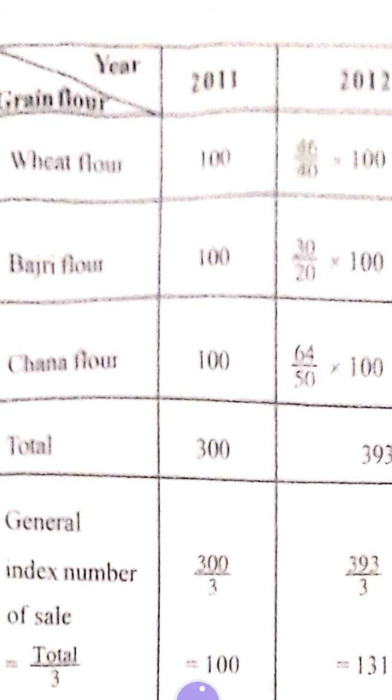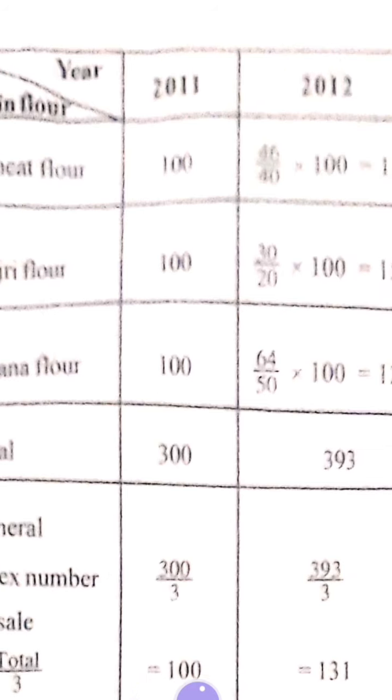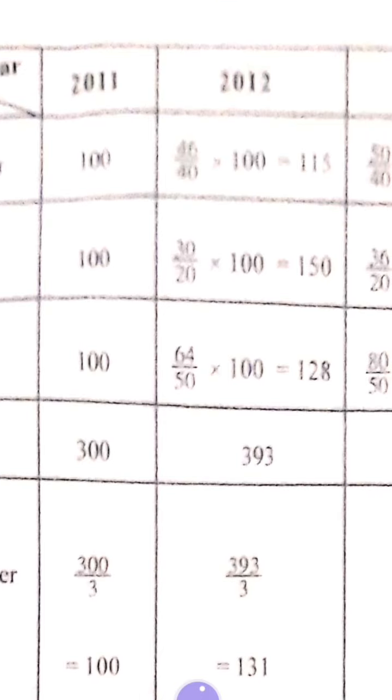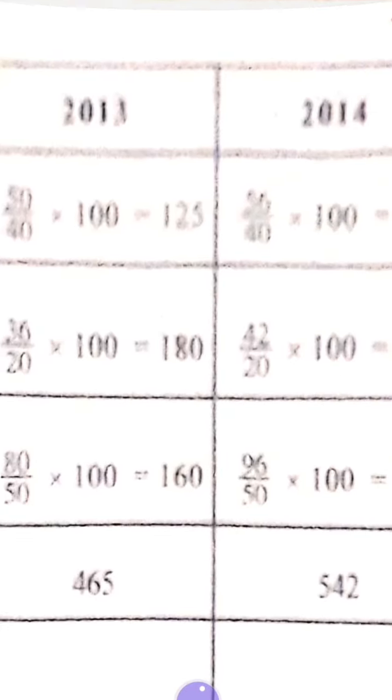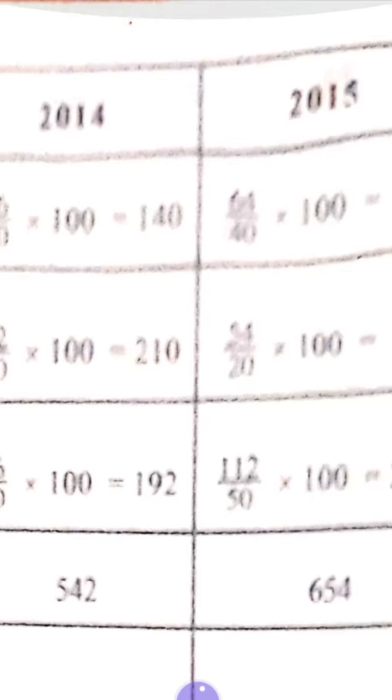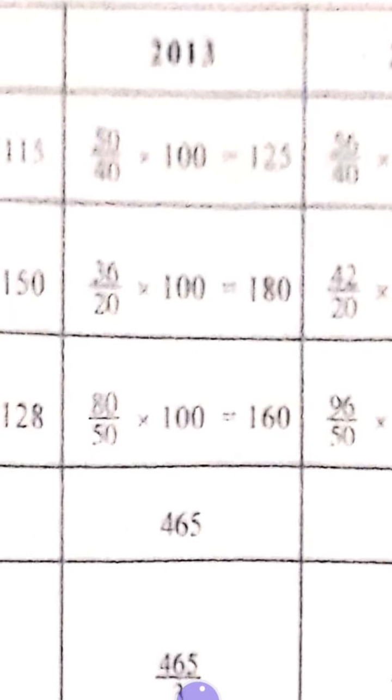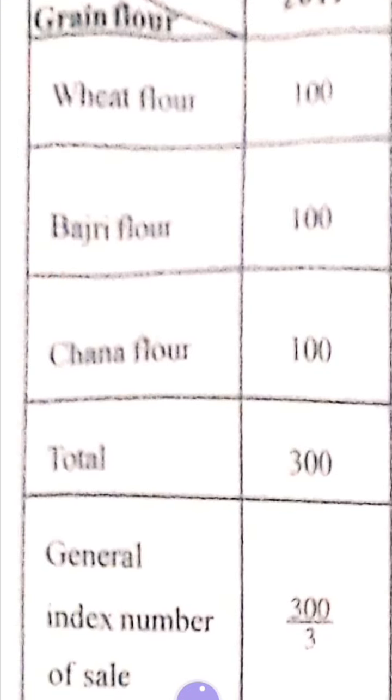You will add them, 100 plus 100 plus 100, it will give you 300. Similarly for 2012, 150 plus 128, if you add them, will give you 393. Similarly you are going to do it subsequently for 2013, 2014, 2015, and find the total for each.